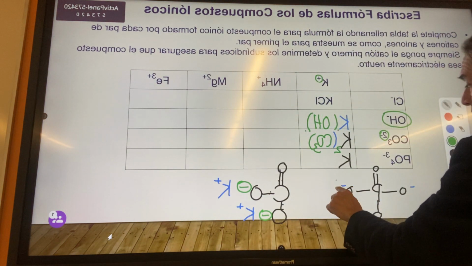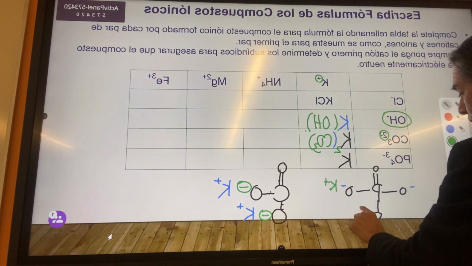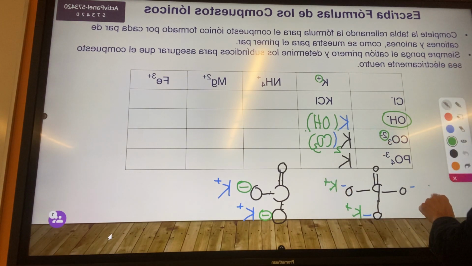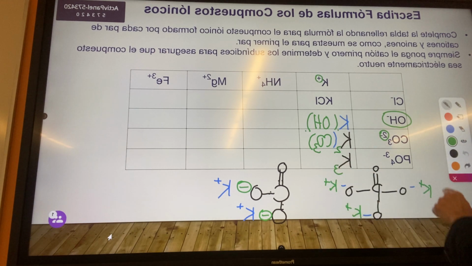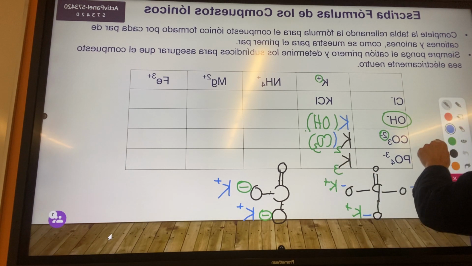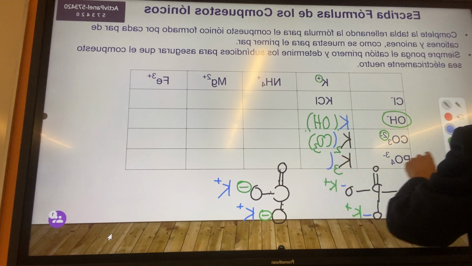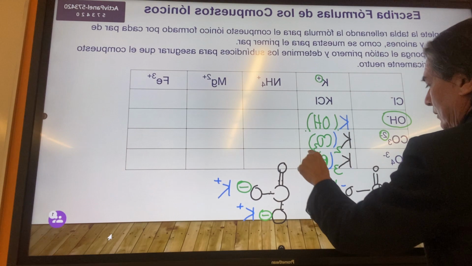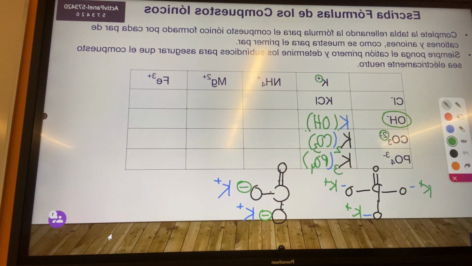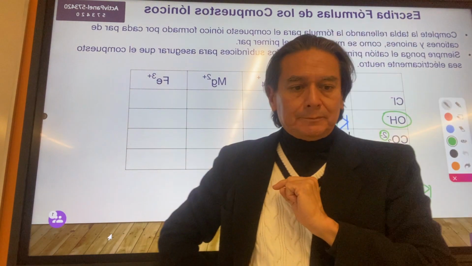So you would have 1 potassium here, 1 potassium here, and 1 potassium here. So that means that you'll have 3 potassiums and PO4. Now that will give you a neutral compound.